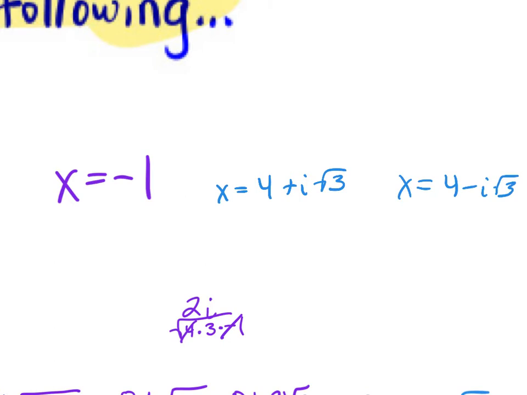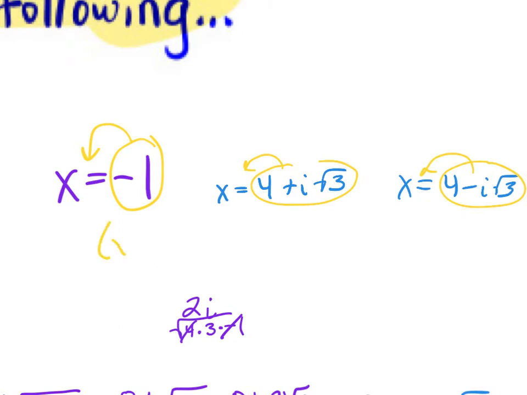Now, they are not asking you for the zeros. They want the linear factors. That means they want you to take the zero and go one step backwards and put it into a parenthesis. So we're going to do that right now. If I take x equals -1 and move -1 to the other side, it becomes x plus 1. If I take 4 plus i root 3, that becomes x minus 4 plus i root 3. If I take 4 minus i root 3, this becomes x minus 4 minus i root 3.